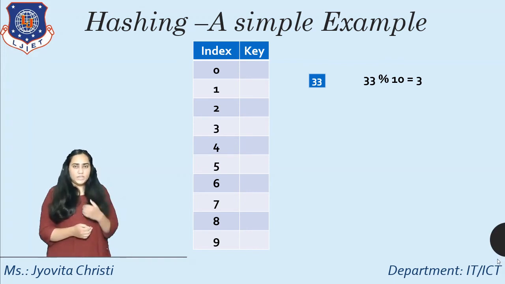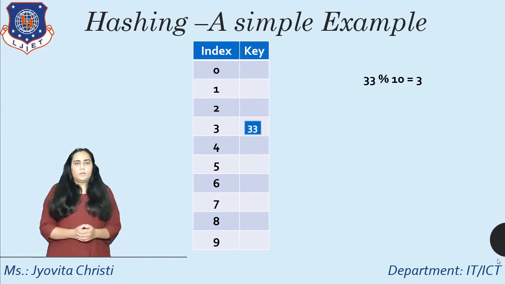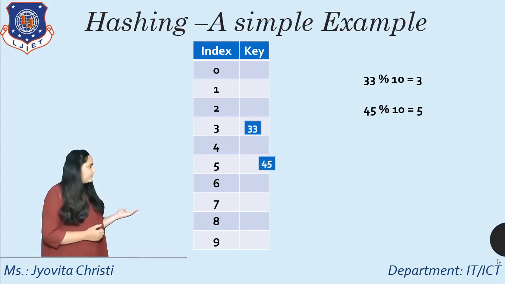That means I need to store 33 in index position 3. So let's go ahead and put it in index position 3. Okay, the next key that I'm going to insert is 45. So 45 modulo 10 gives me 5, which means I'm going to put 45 in position 5.